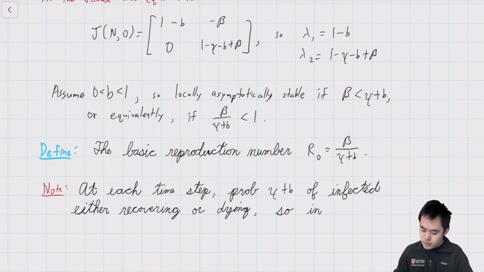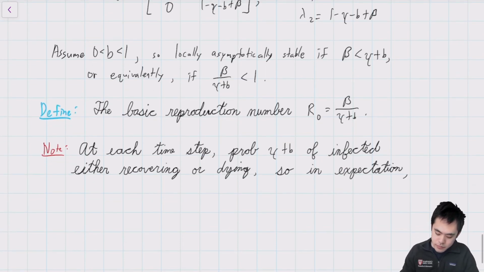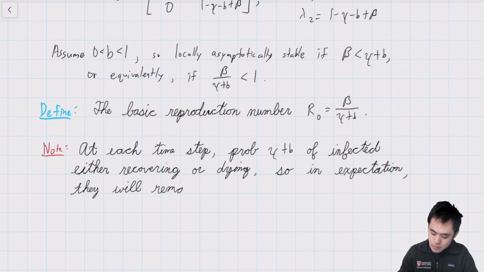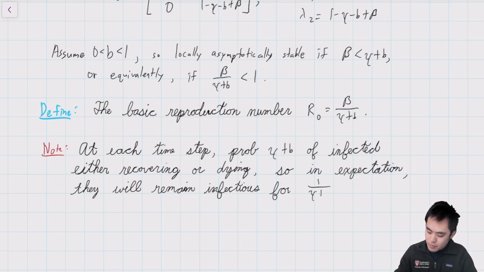So in expectation, they will remain infectious for 1 over gamma plus b time.